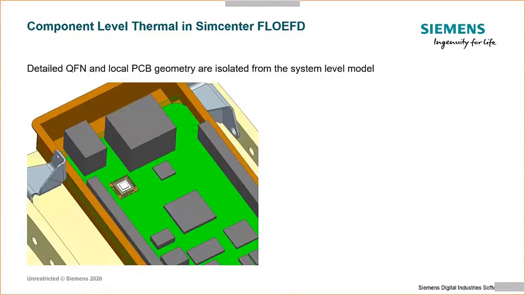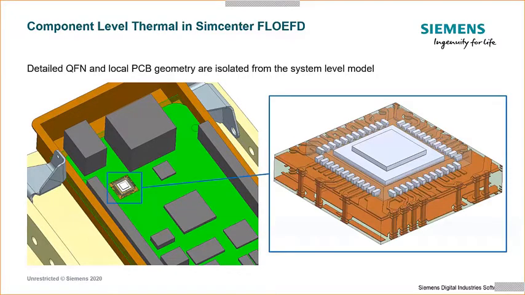And then, as I said, the block representation is replaced with a detailed QFN model, and that volume of the PCB is replaced with its geometrically explicit thermal territory representation. And then those two assemblies are isolated from the rest of the system level model, so as to construct a detailed package and PCB portion model.